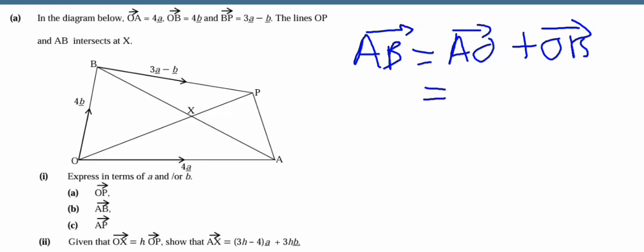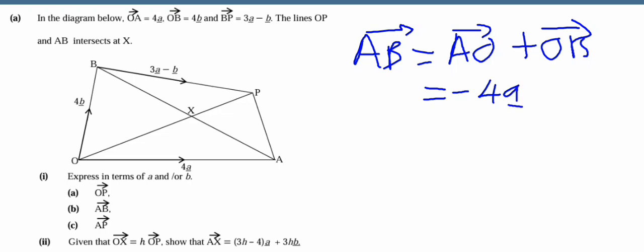So for AO vector we put a negative, because we are going against the arrow. So here we are going to indicate a negative on 4a vector.